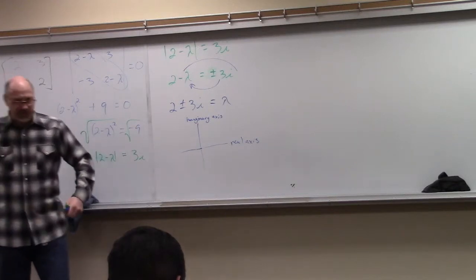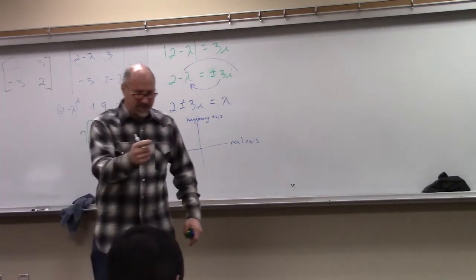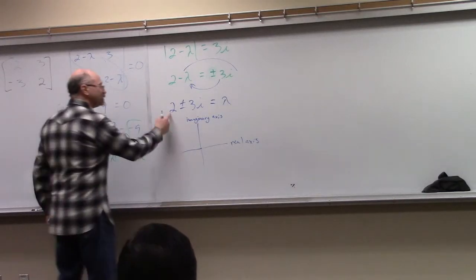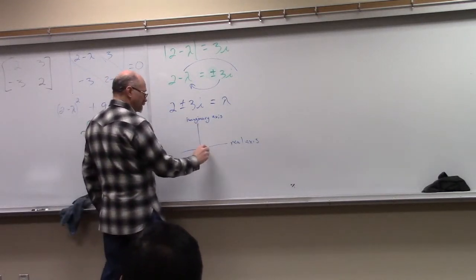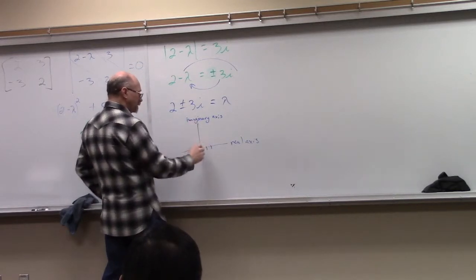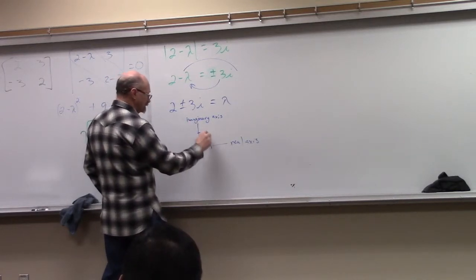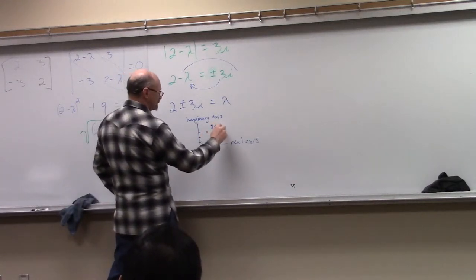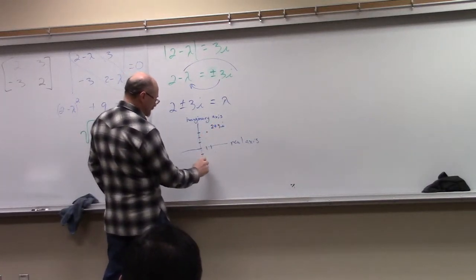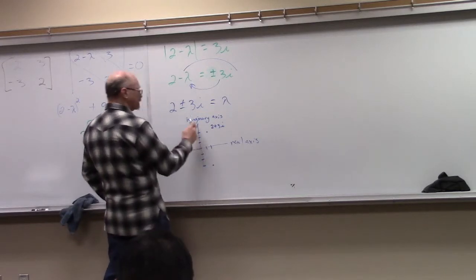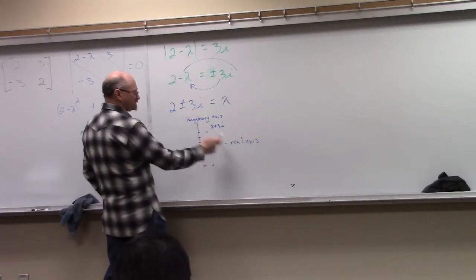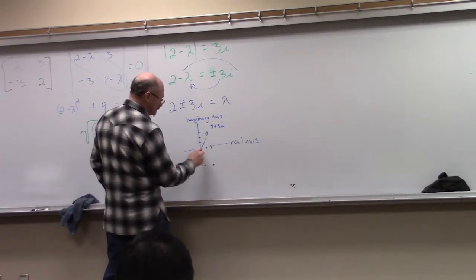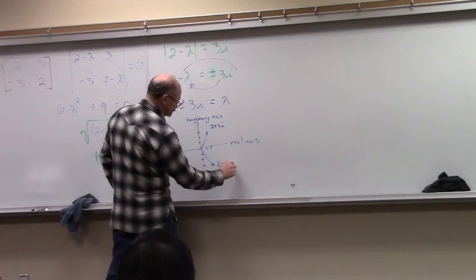If you have 3i plus 2j, don't you go 3 in the x and then 2 in the y direction? Well, we go 2 in the real direction, and then we go up 1, 2, 3 in the i direction. So 2 plus 3i would be this right here, and 2 minus 3i would be right down here. So this we call the i-axis, and this is the real axis. And so there's your 2 vectors, the 2 plus 3i, and there's 2 minus 3i. Okay?